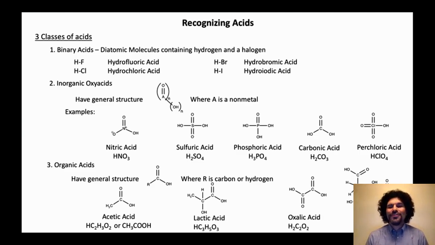I don't expect you to know this structure. We're up to 6 carbons, 8 hydrogens, and 7 oxygens. So that's a particularly large molecule. But if you look carefully, it's got 3 of these COOH groups. So it actually can lose 3 hydrogens in acid-base reactions.